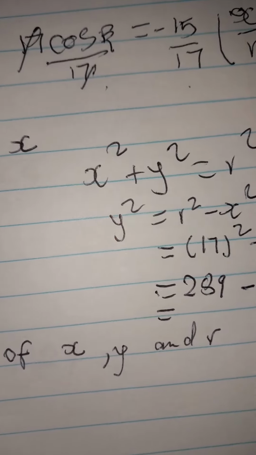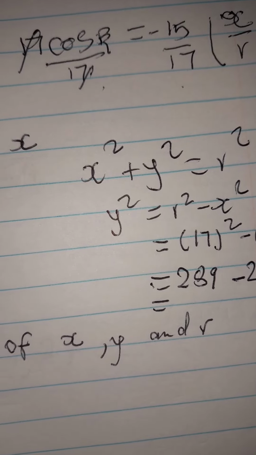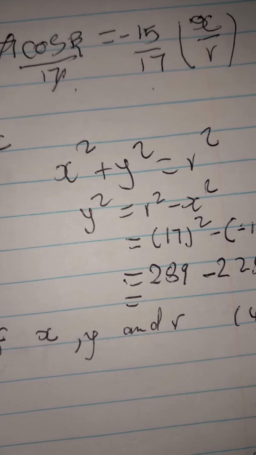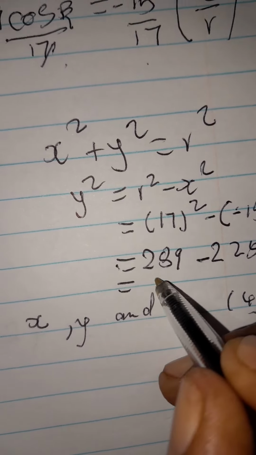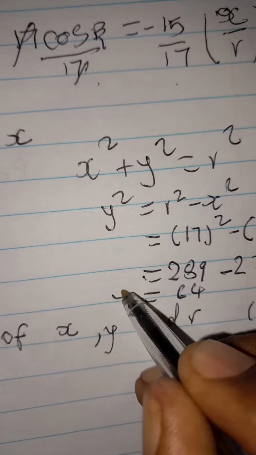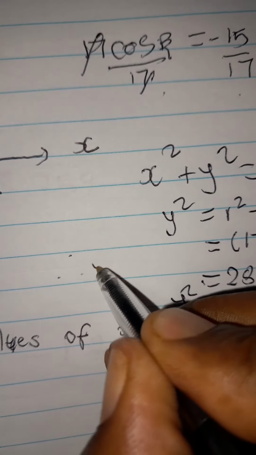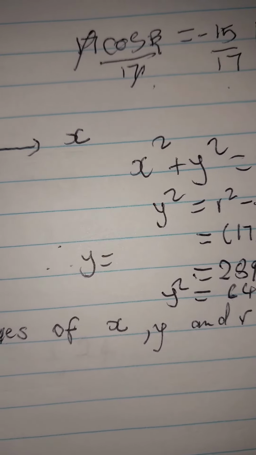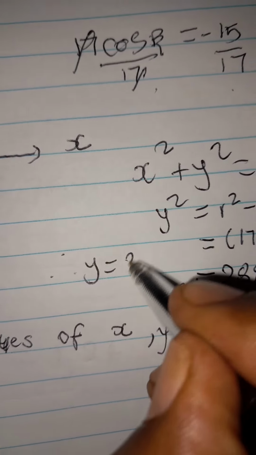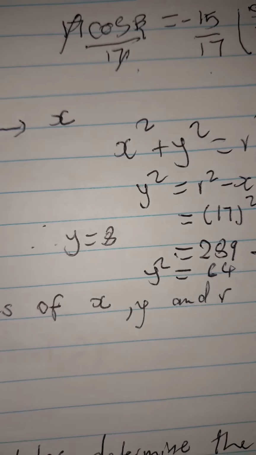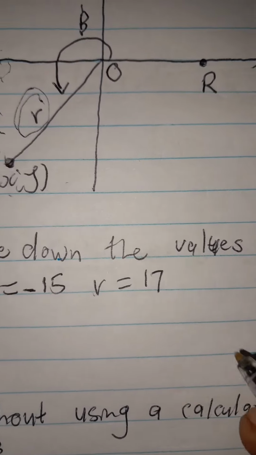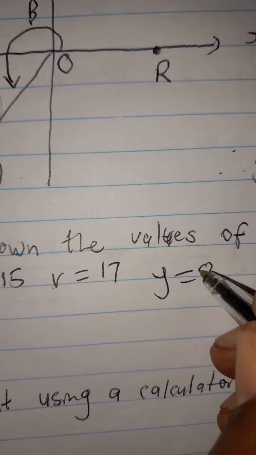Therefore, 289 subtracted by 225 will be 64. Therefore, what is y? Square root of 64, which is going to be 8. So that means we already know that our y will be 8.